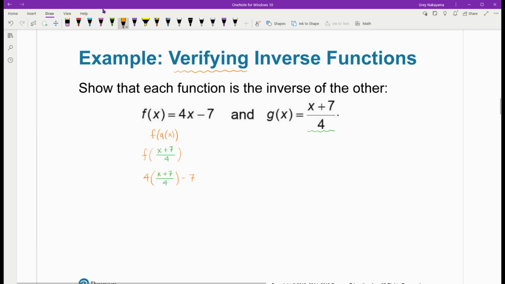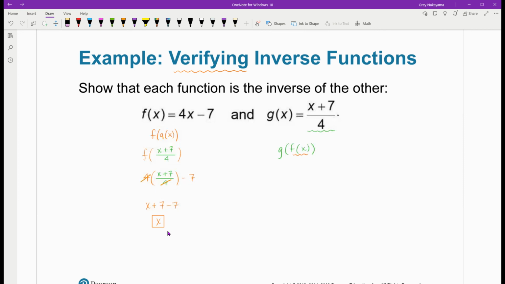However you wish to do this, this 4 is on top, this 4 is on bottom, they cancel. So I'm left with, and I want to see this step, x plus 7 minus 7, which equals x. So I have verified, I have shown how when I plugged it in and simplified it, I got x.